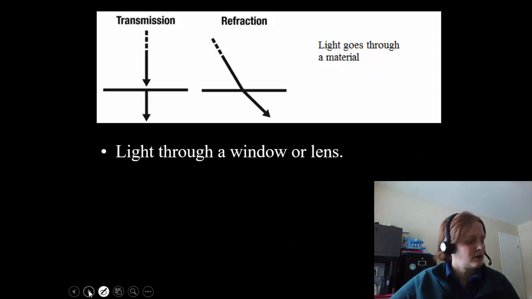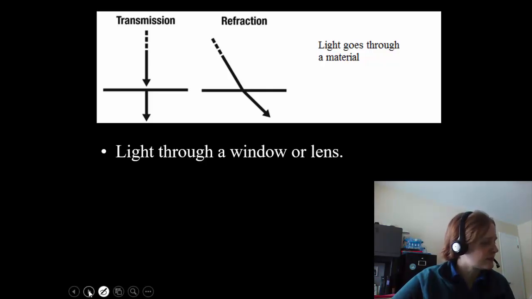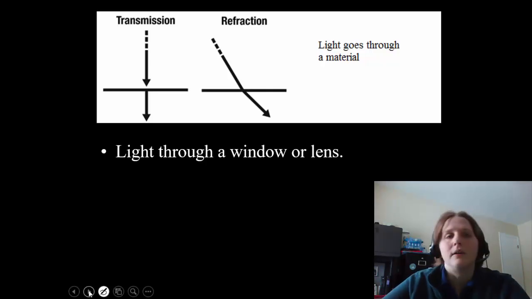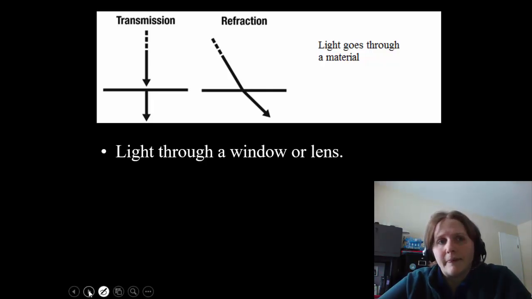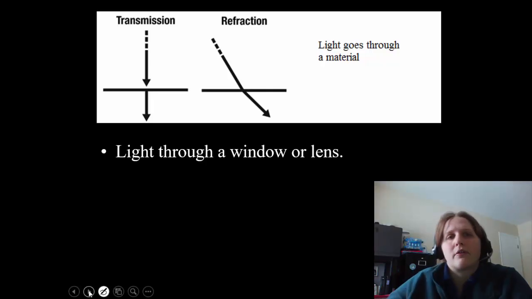There are several ways that light and matter can interact. First, let's do transmission and refraction. In both of those, basically you have light, so there's your light, and it will interact with a material, matter, and it just keeps going.